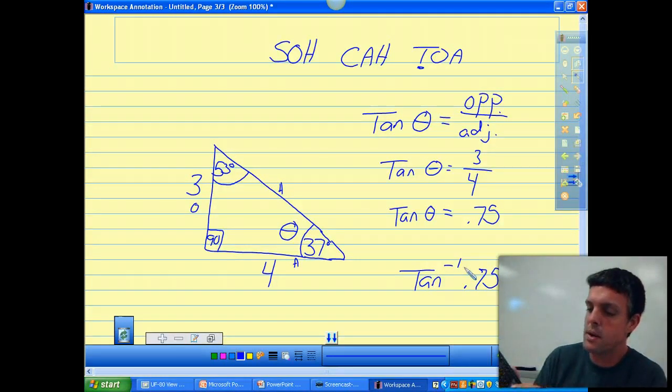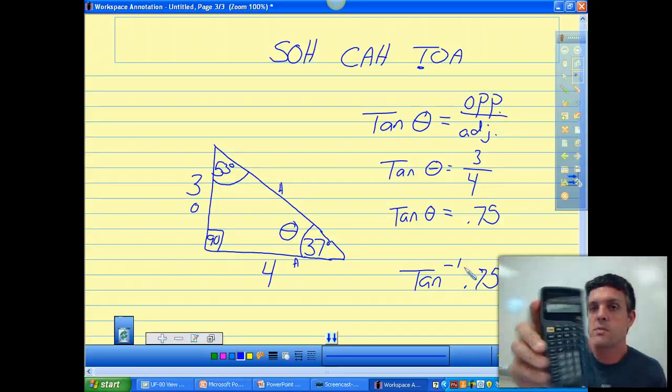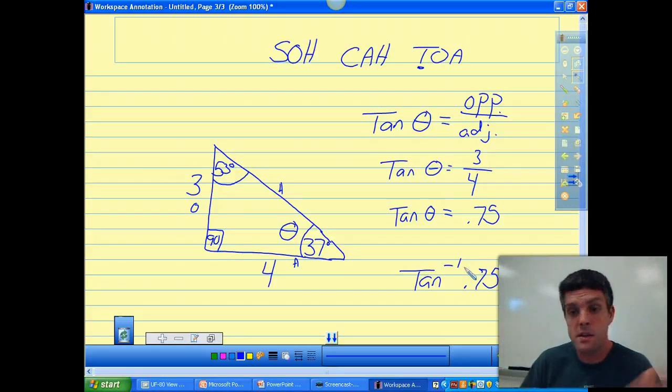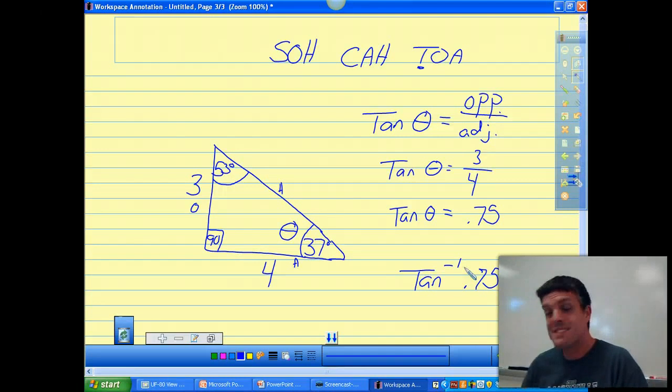And so if I put in 0.75 and tangent -1, you've got your 37 degrees. Subtract that out of 90 and get your other angle. Okay? All right. That's how you find acute angles and missing sides, Pythagorean theorem, okay?